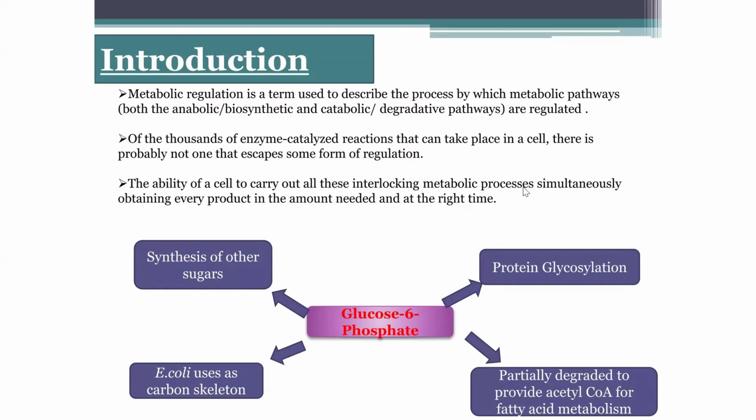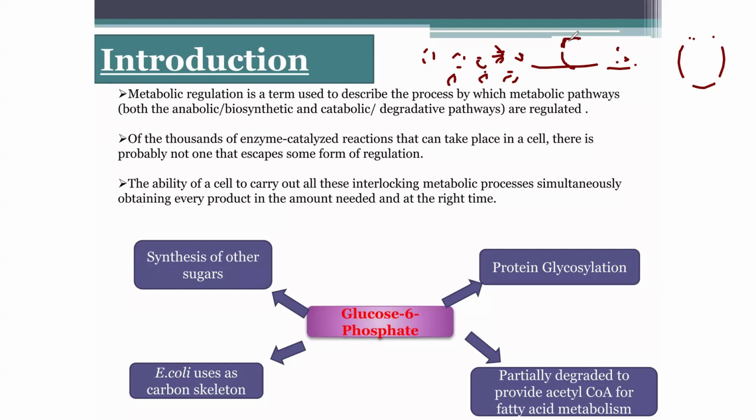It means that in anabolism, we are talking about how smaller molecules are utilized to generate bigger molecules. So in anabolism, you are using smaller molecules to generate larger molecules.